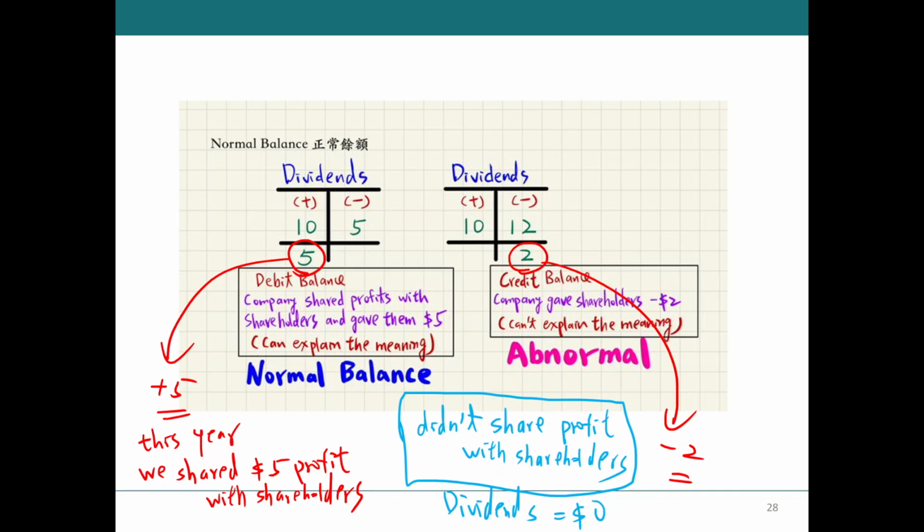So I don't do anything, so 0. I did something, so increase. Usually the normal balance should appear on the plus, increase side. We use that to double check whether you did the right thing or not. Any questions? No problem.